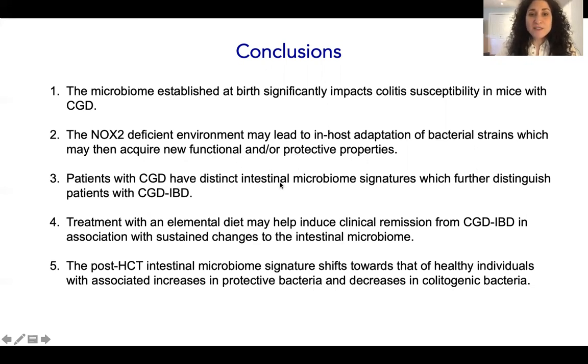Patients with CGD have distinct intestinal microbiome signatures, which further distinguish patients with CGD-IBD. Treatment with an elemental diet may help induce clinical remission from CGD-IBD in association with sustained changes to the intestinal microbiome. After HCT, the intestinal microbiome signature shifts towards that of healthy individuals with associated increases in protective bacteria and decreases in colitogenic bacteria.